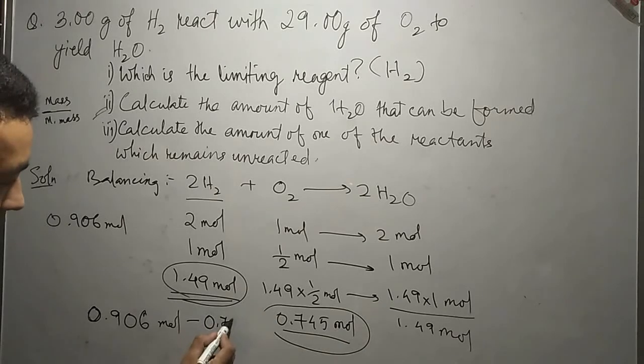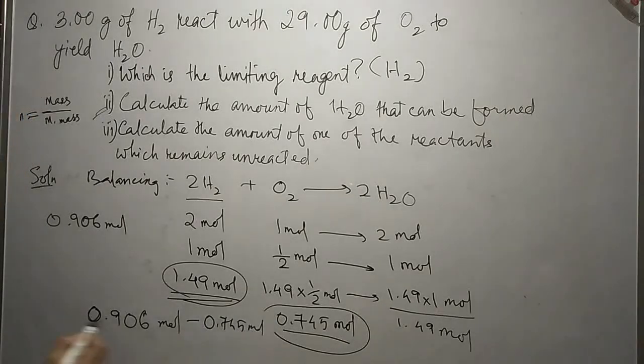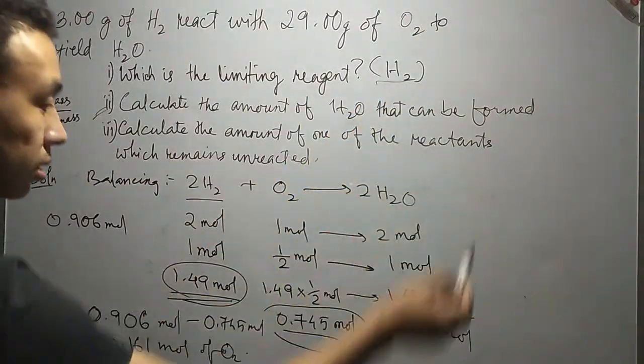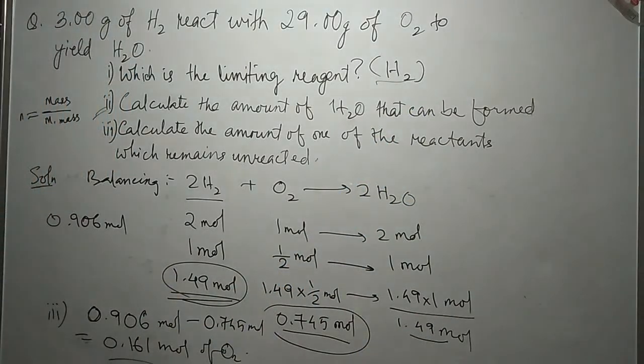After subtracting, we get around 0.161 mole of oxygen molecule that remains unreacted. So that is the final answer. One is this, the second is this, and the third is this.